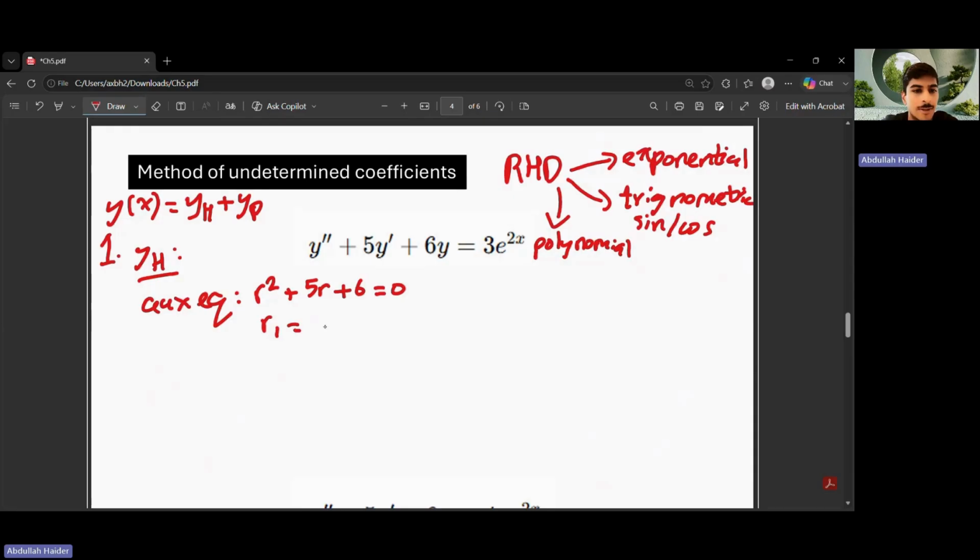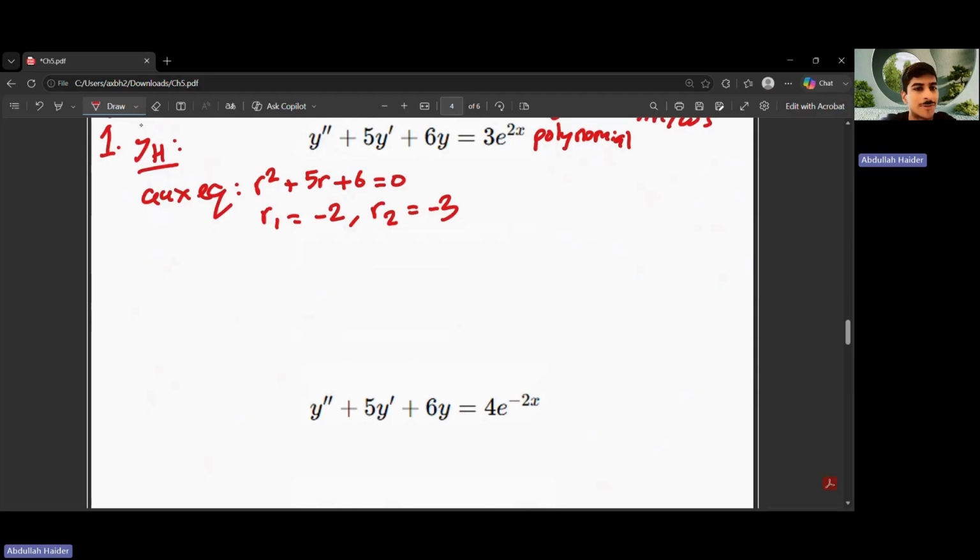And r1 will be -2, and r2 is equal to -3. Now, remembering the rules from above, you might notice that -2 and -3 are distinct real roots.